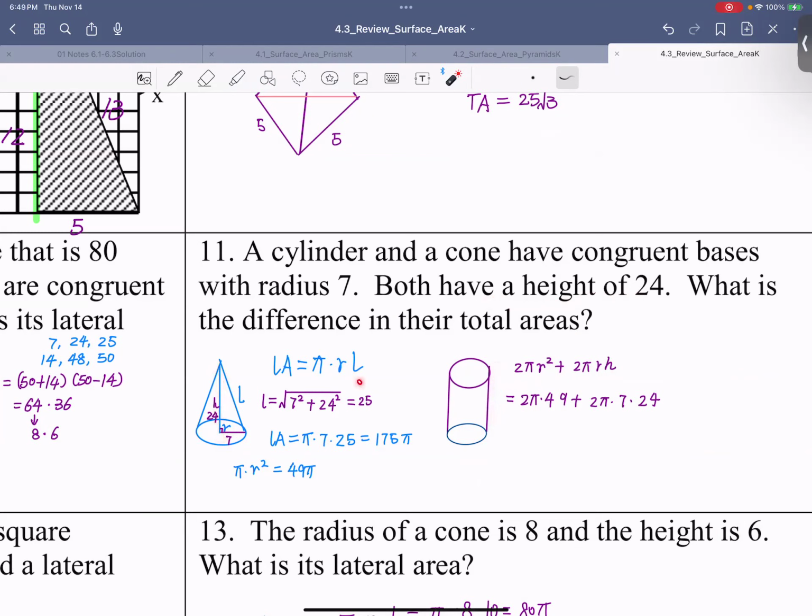You have the formula. You should be able to calculate all those lateral surface areas. Go ahead.